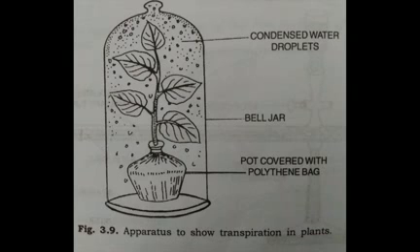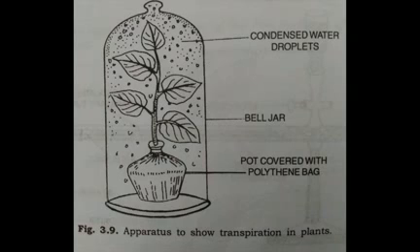Because of transpiration from the leaves, cell sap is concentrated and thus osmotic pressure increases. This draws water from the cells, from the lower levels, and finally from the soil.